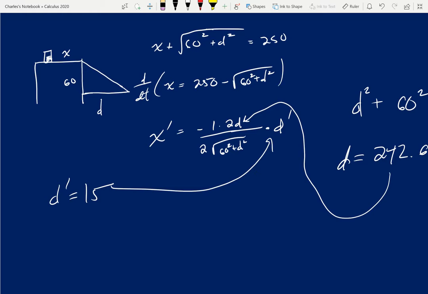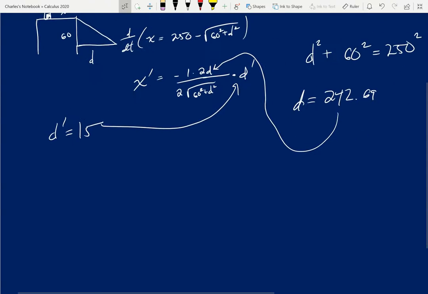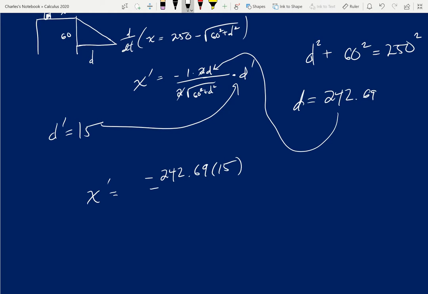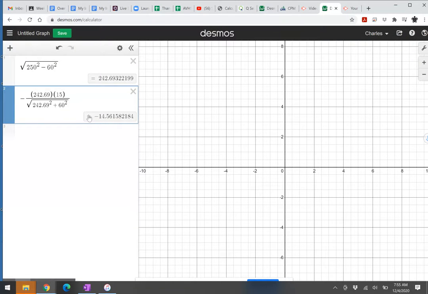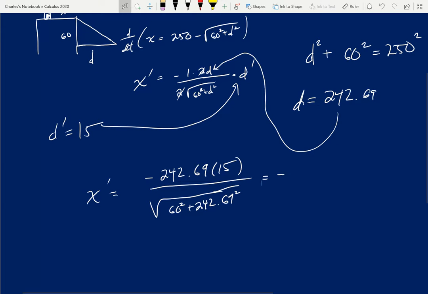But ultimately, the equation that gives you your speed is x prime is equal to negative 242.69 times 15 divided by the square root of 60 squared plus 242.69 squared. When you put that into Desmos, you get negative 14.56.